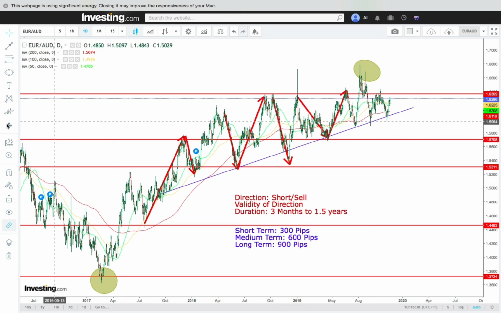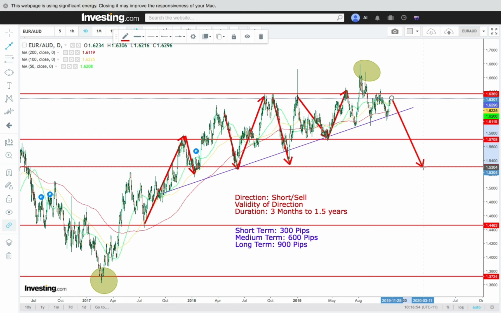But if you are very patient like me, from this point, that's the gold. 900 plus pips, 900 plus potential pips we can make from this Euro Australian dollar. But this is not going to happen in the next 1 month, 2 months, or 3 months. This will probably take about a year.